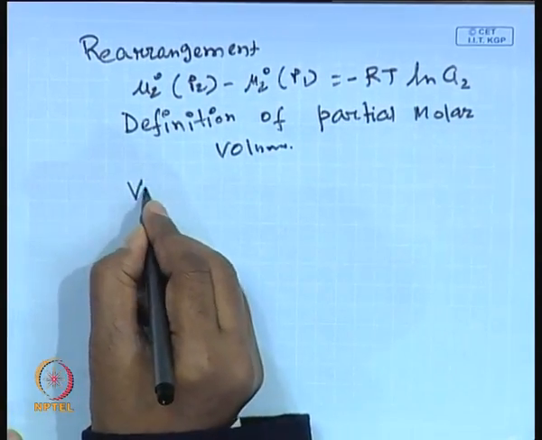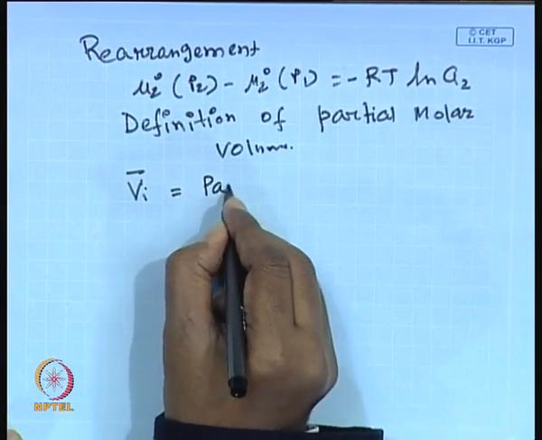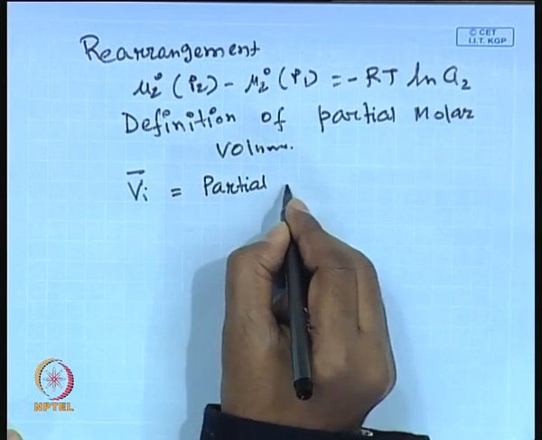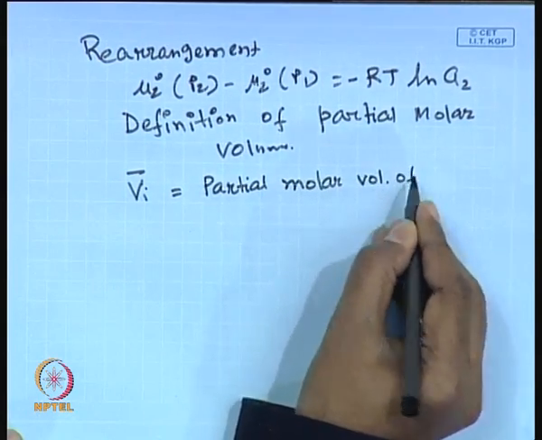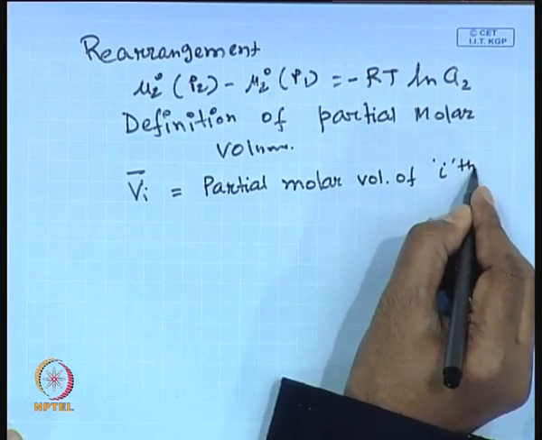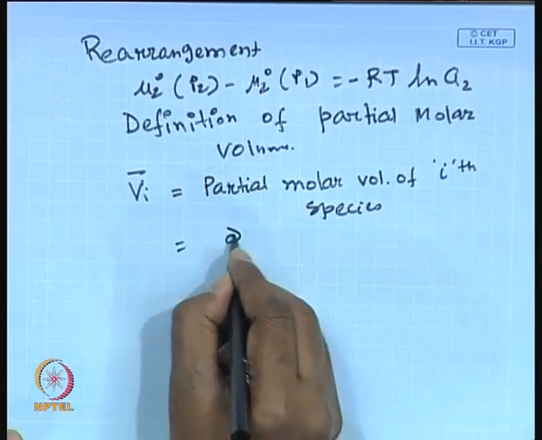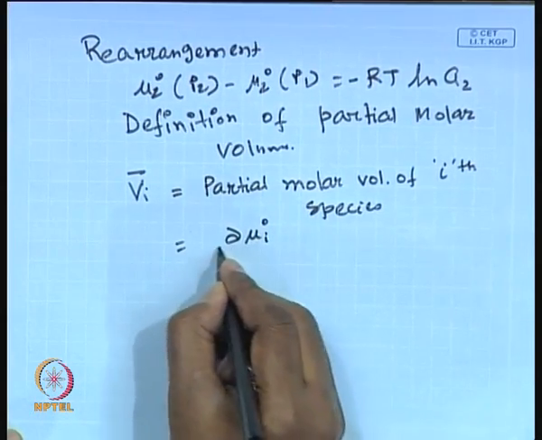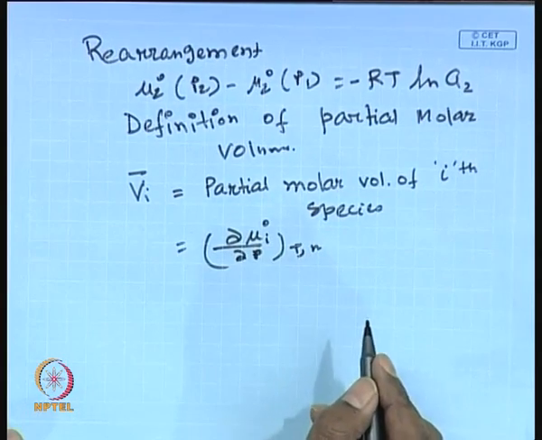What is the definition? Vi bar is basically the partial molar volume of the ith species. This is nothing but del mu i naught del P at constant temperature and concentration.